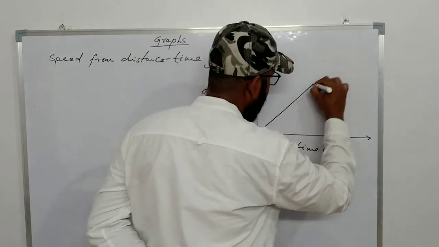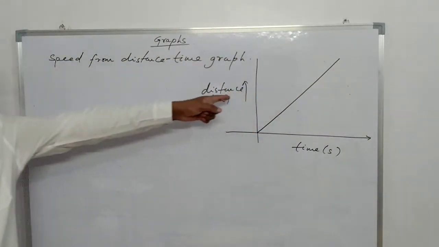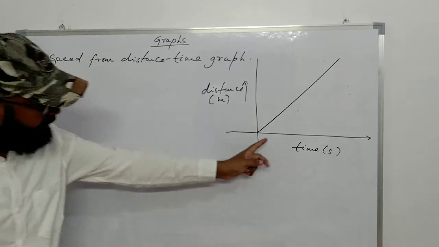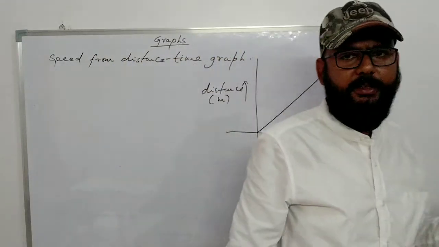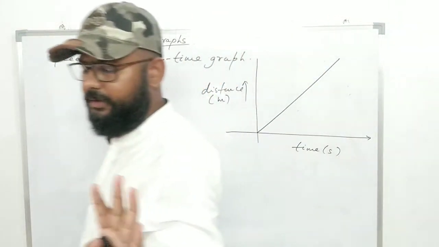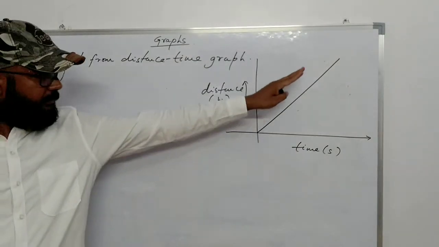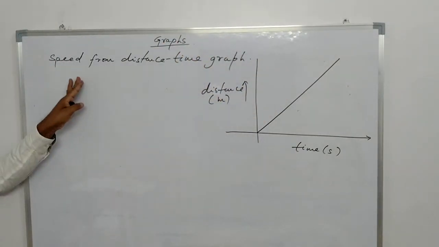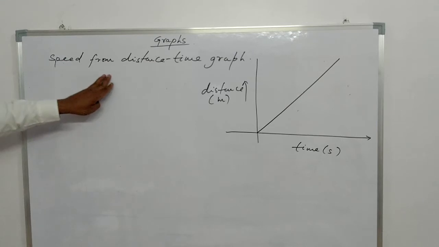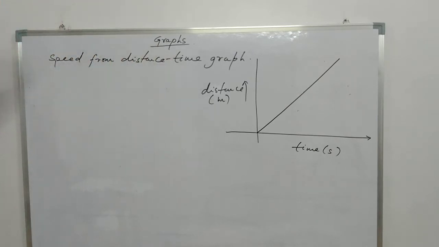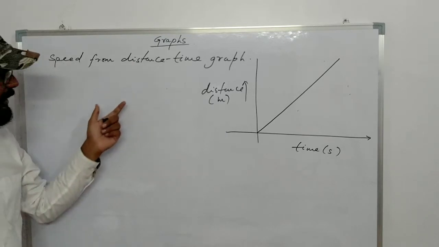How the graph will be like this, I already told. I'm not writing the information, in 1 second 20 meter, in 2 second 40 meter, like this. Now I just draw the rough diagram of the distance time graph. Okay, so let's start how to find the speed from distance time graph.